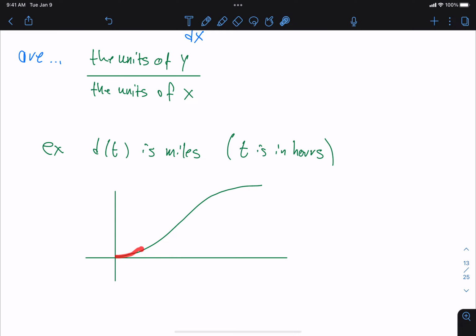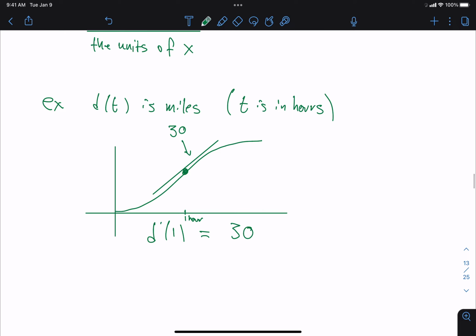I move slowly initially, and then I'm going faster and faster away from home, and then I slow down, and I stop. So if I look at this point here, and I said, what is the slope of this line? And if the slope of this line is 30, and let's say that happens at 1 hour, I would say d prime of 1 is 30.